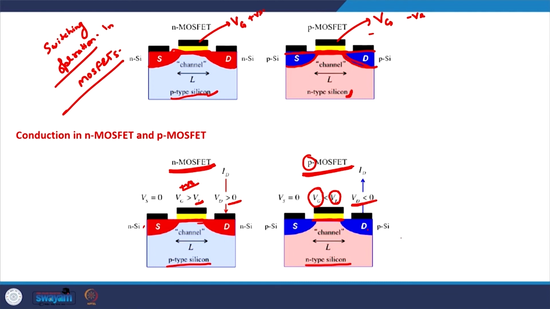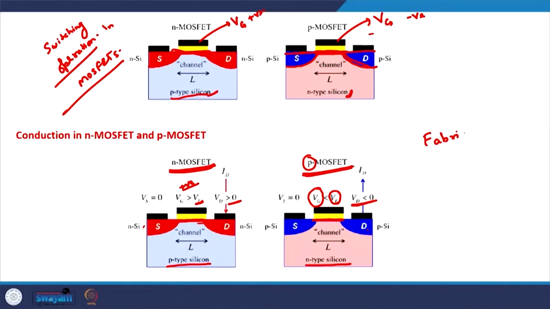Okay, so these are some basic details about the MOSFET, the three-terminal device that is actually important in our modern day applications. I would recommend you to go back and study about the fabrication techniques of the MOSFETs.